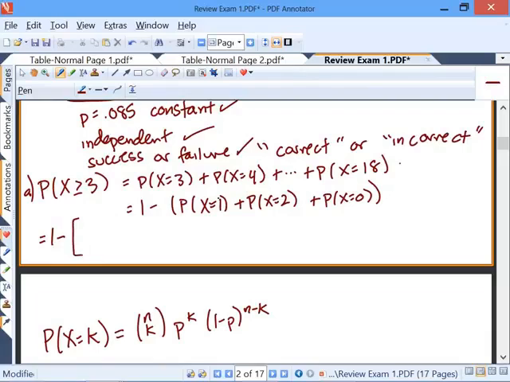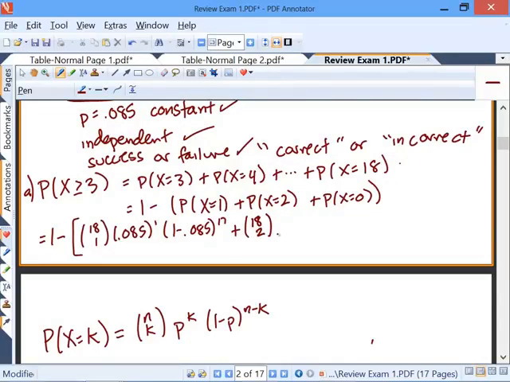We need to do this for each one of those x values. The first one: n is 18, so we have 18 choose 1 success, times the probability of success, 0.085, to the power of 1. Then the probability of failure, 1 minus 0.085, and if I have 1 success, I need 17 failures. Plus, now we do everything again for 2.